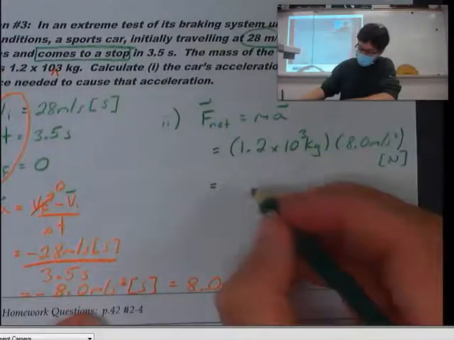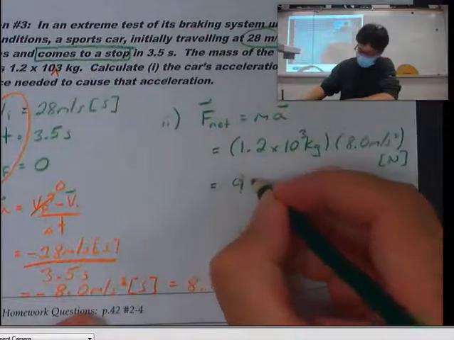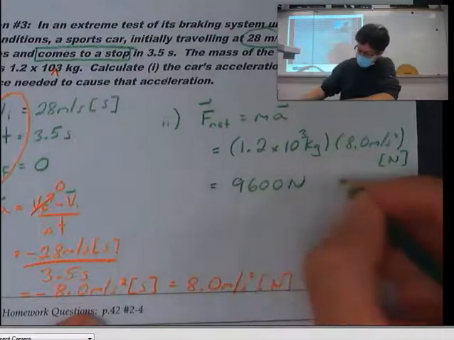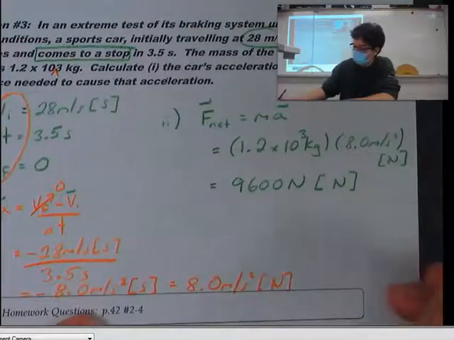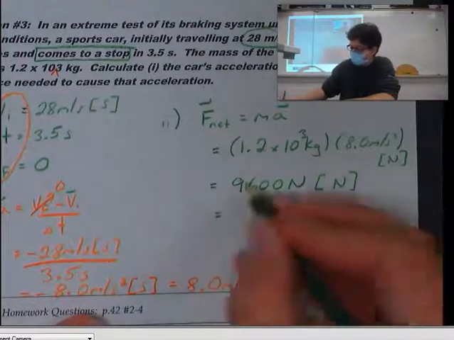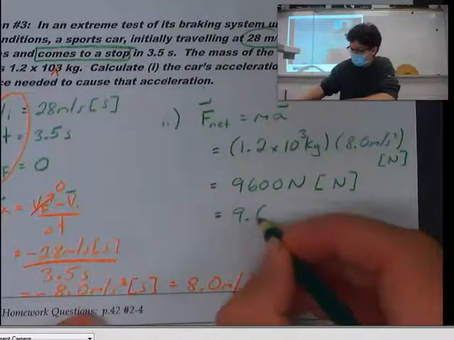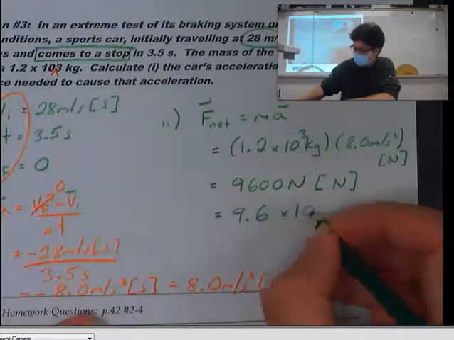And then we get net force, which would be 9,600 newtons. And again, net force has a direction north. And we can also continue to write that in scientific notation just to express the correct significant digits.